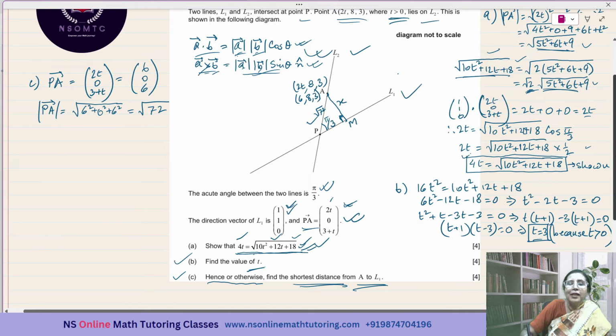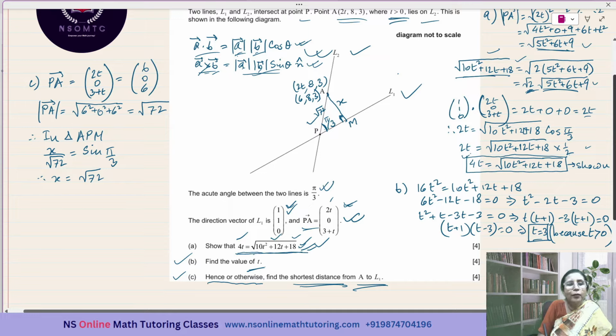And AN, let it be x units. Okay. Therefore, in triangle APN, x over root 72 should be equal to sine pi over 3, because x is opposite to this angle, and AP is the hypotenuse. Therefore, x is equal to root 72 times sine pi over 3.